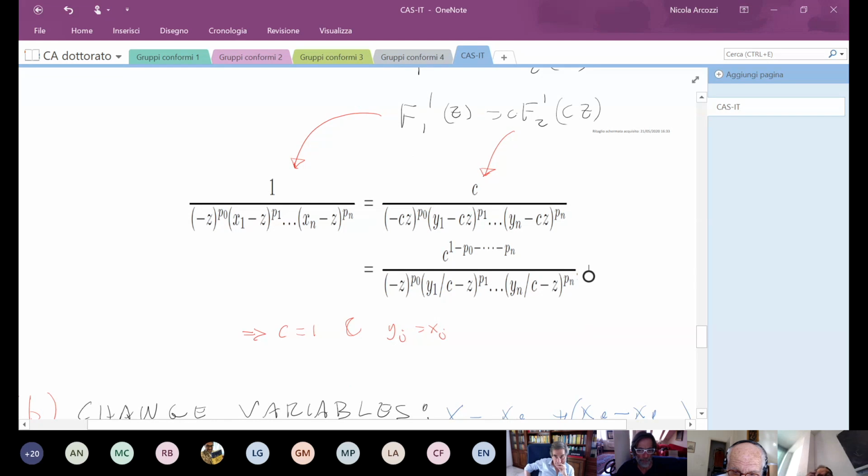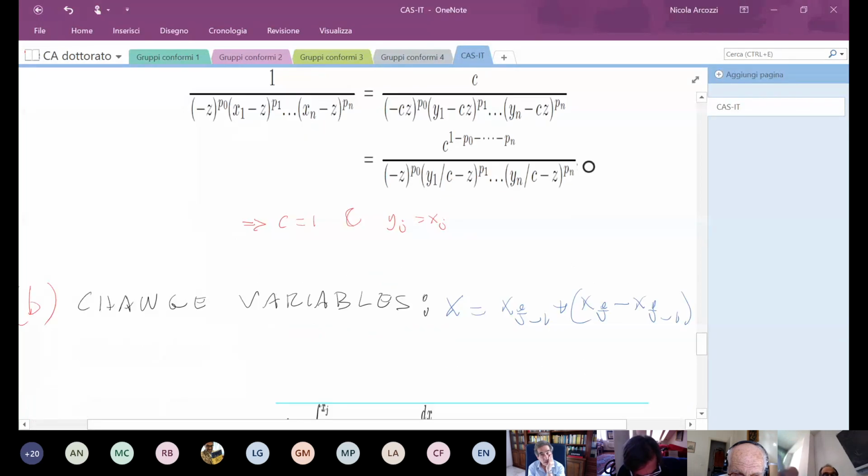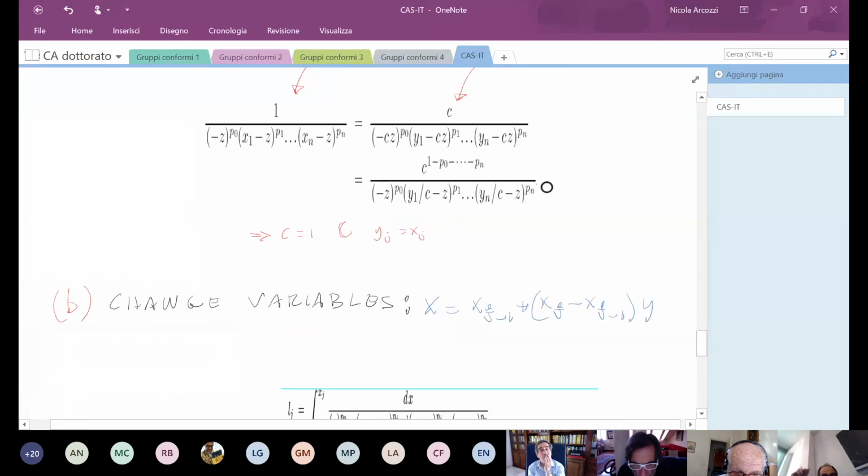And since these things are the same for all Z, it's very easy to show that, for instance, looking at the behavior at infinity, C cannot be but 1. And if C is 1, the points are the same, so the map is the same, and so we are done. Okay, so it is 1 to 1.